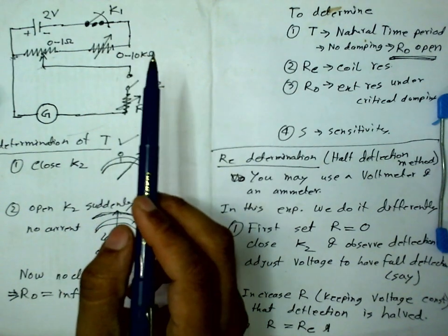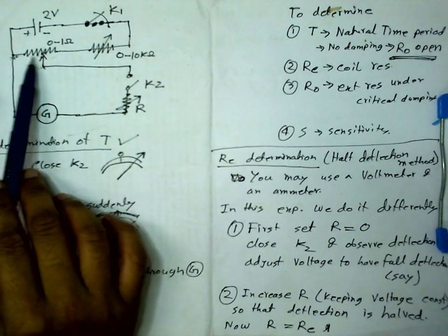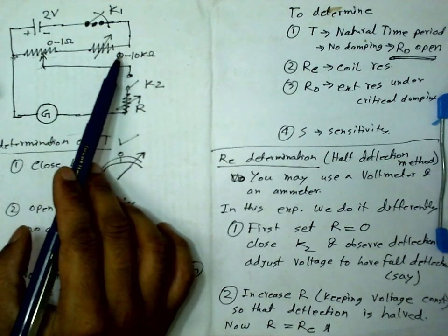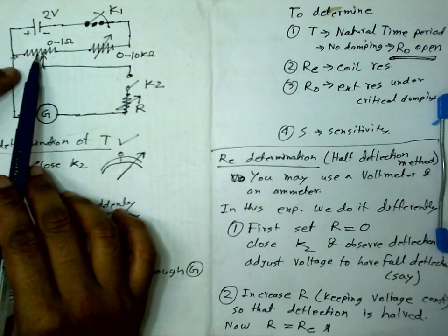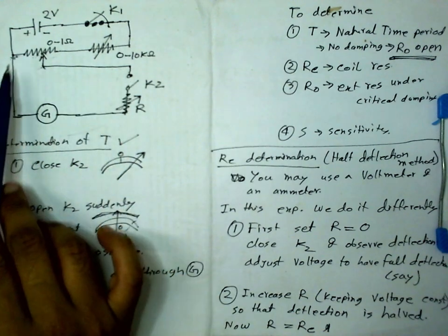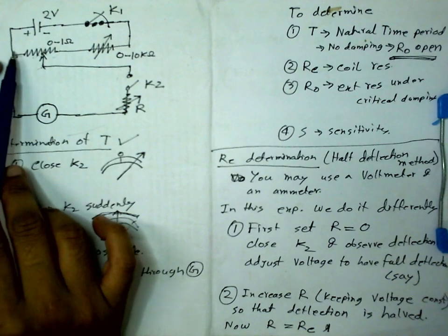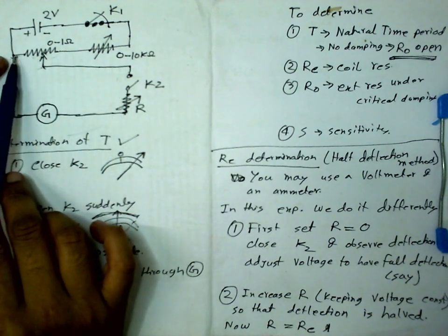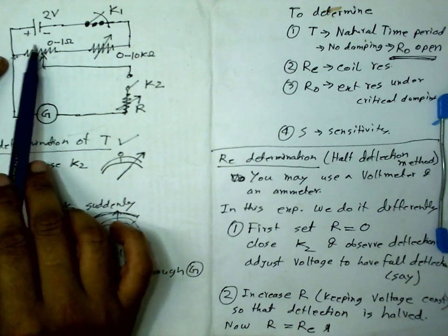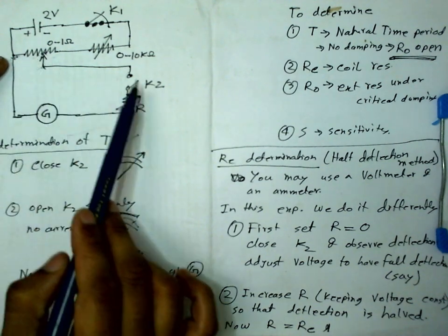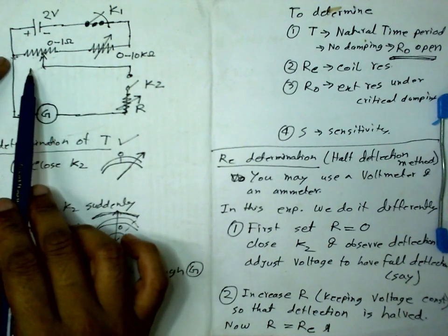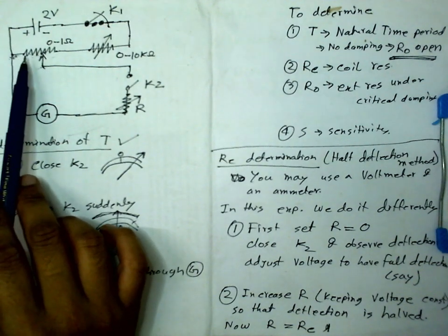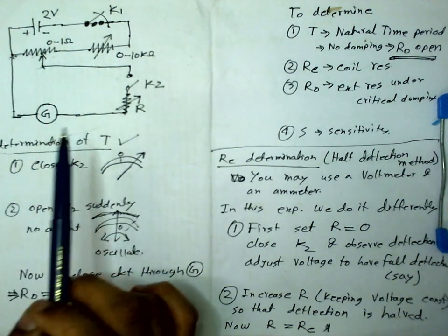But observe that this resistance is very small compared to the other one. This is of the order of kilo ohm, this is of the order of ohm. So no matter what happens to this part, the parallel combination will still have a value similar to this, provided this resistance is quite a bit higher than the other. In that case, this voltage will remain constant.